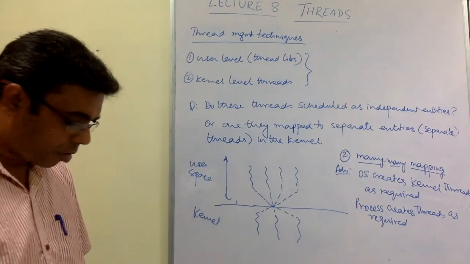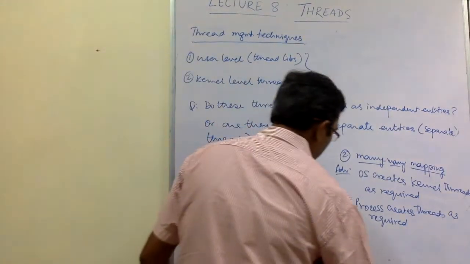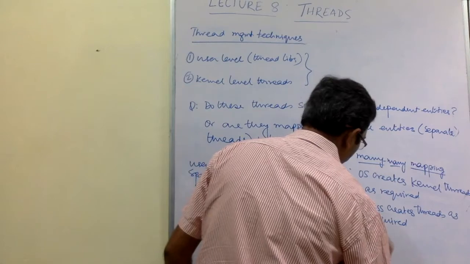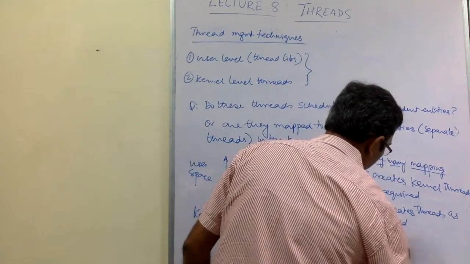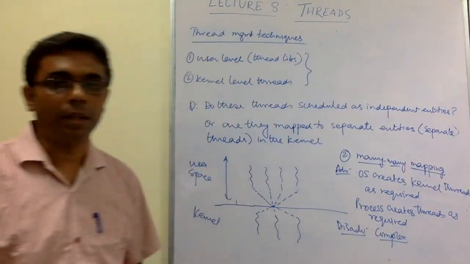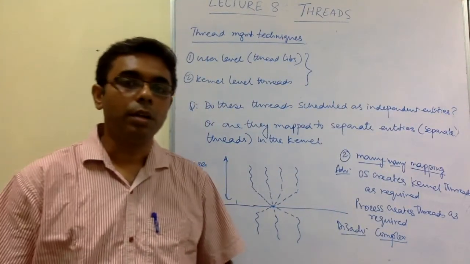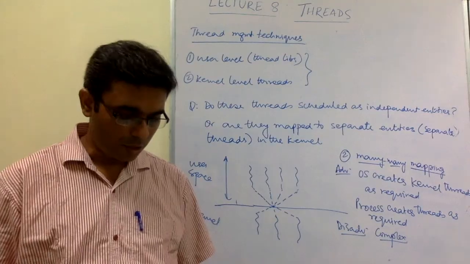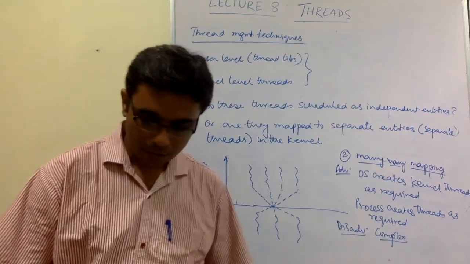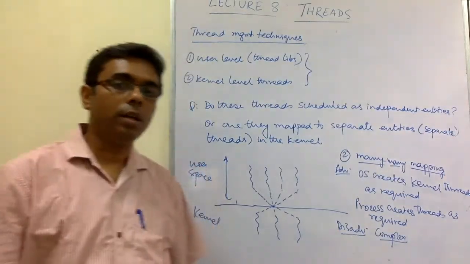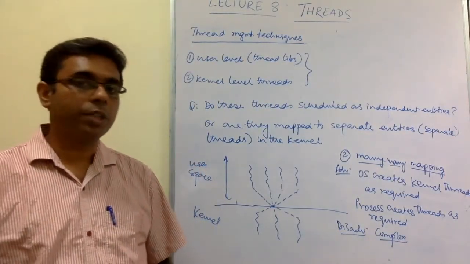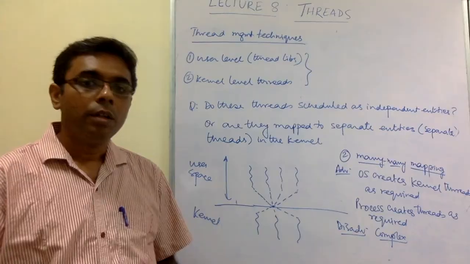However, it's very complex because as you can see, we have double management. So it's very difficult to maintain. So this is the problem with the many-to-many mapping.